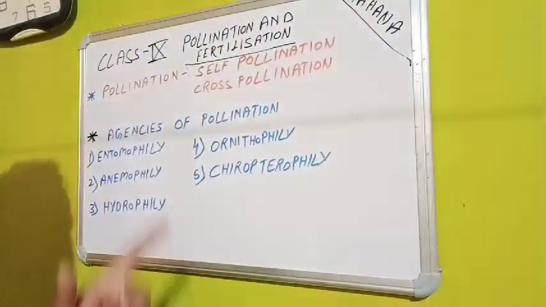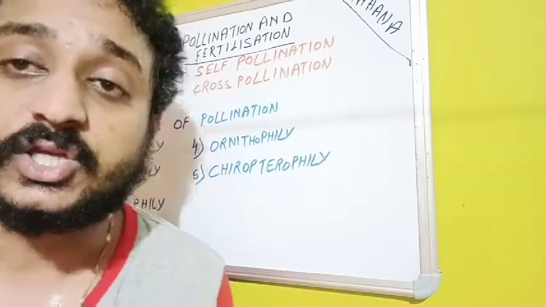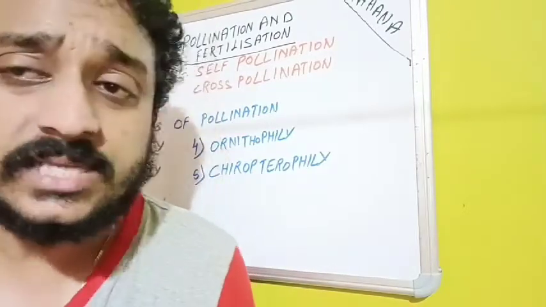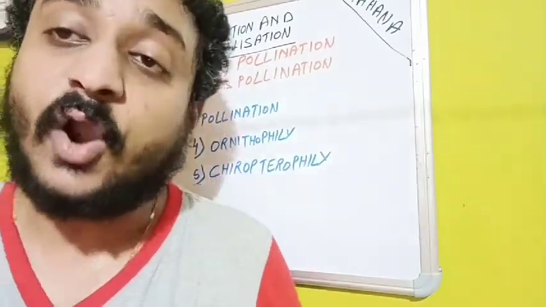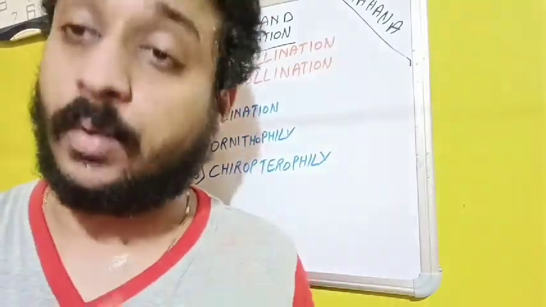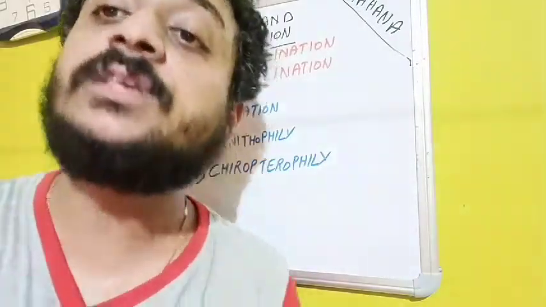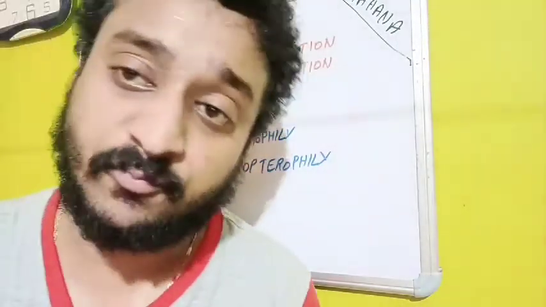So today we will see there are two types of pollination, namely self-pollination and cross-pollination. So what is self-pollination? The transfer of pollen grain from anther to the stigma of the same flower, or from the anther to the stigma of a different flower of the same plant. That is self-pollination.